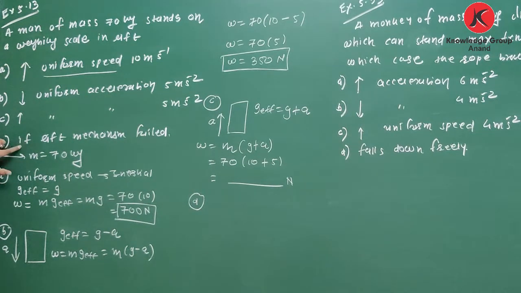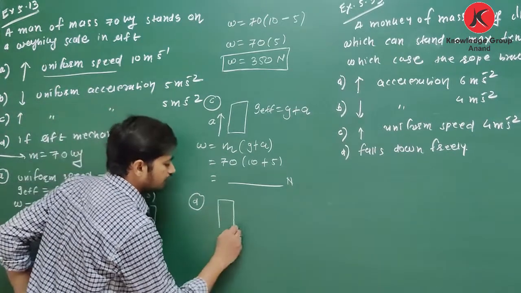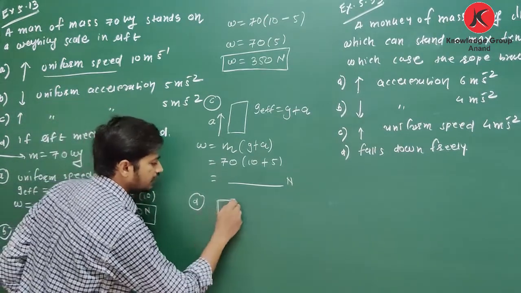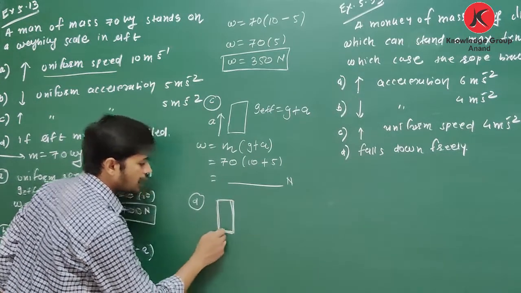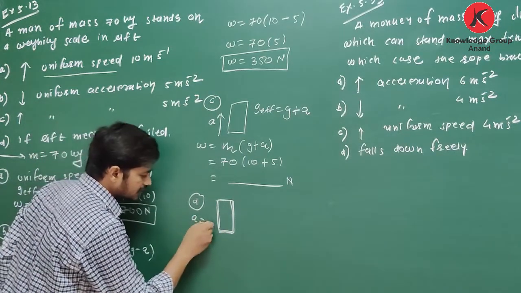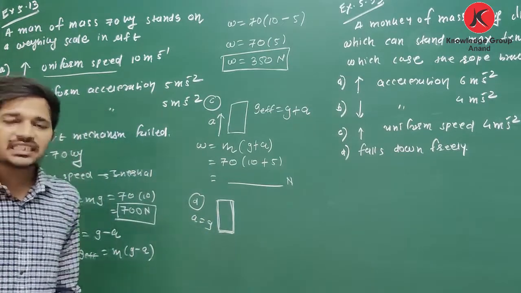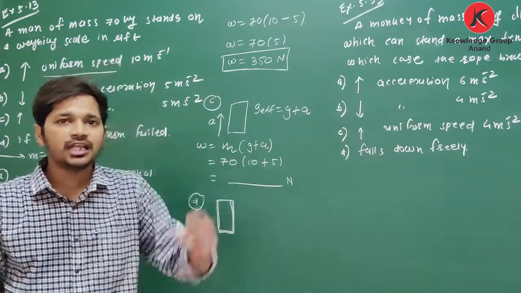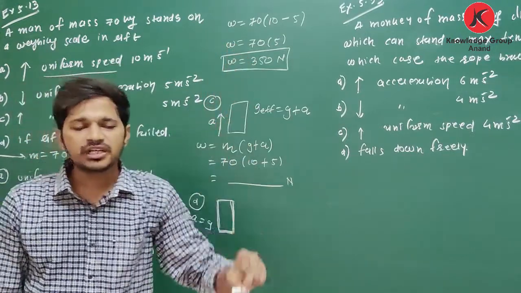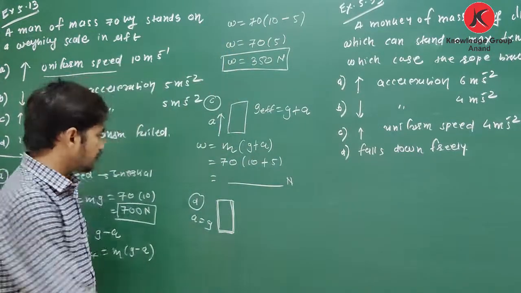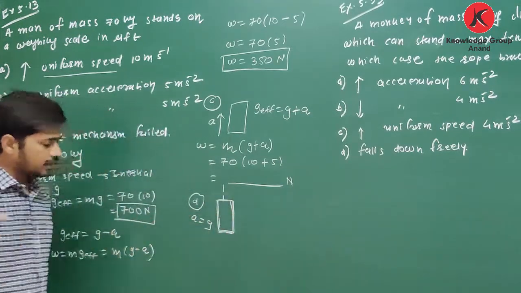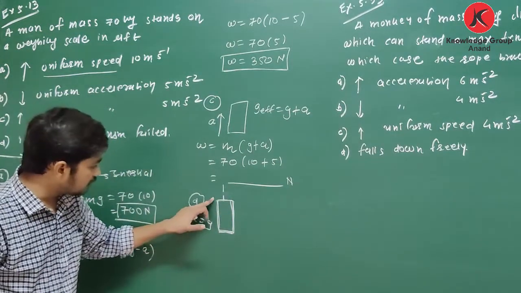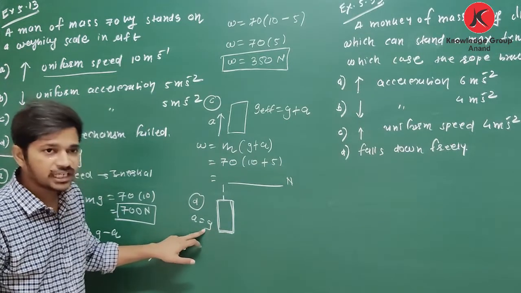What about question D? Question D, if the lift mechanism failed, if the wire of the lift failed, then the lift is falling freely. Falling freely means its acceleration is nearly equal to g. If I release this chalk, it will move in downward direction with acceleration a. So if the cable of the lift is failed, this lift will move with acceleration a equal to g in downward direction.